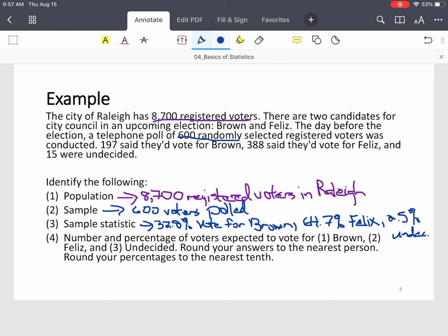All right, and I'm gonna write up at the top of the slide how I did that. 197 out of 600. That was Brown. 388 out of 600. It's Feliz.